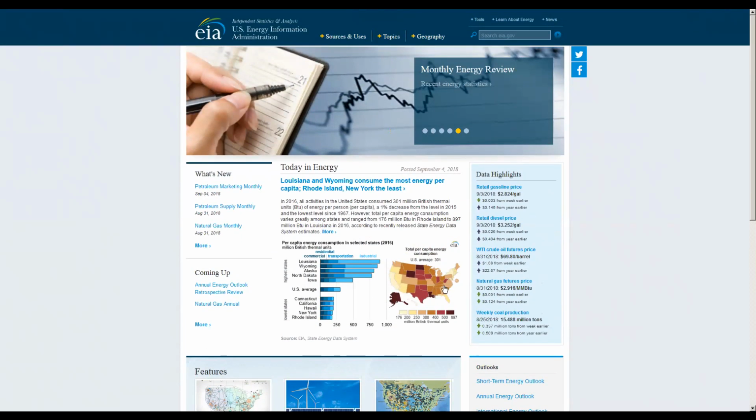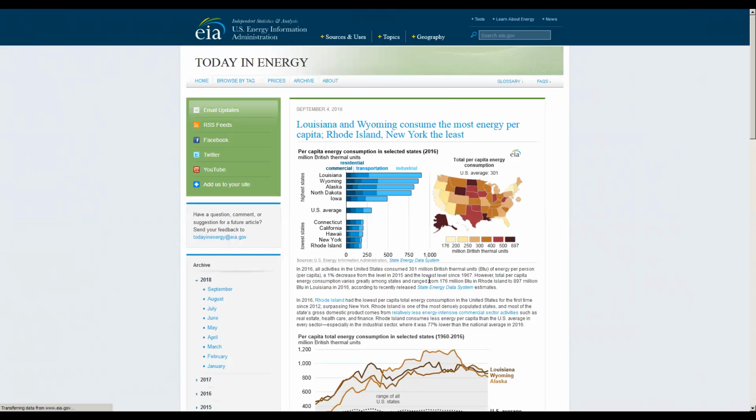For example, if you click on this one, you can see today in energy, total per capita energy consumption on US average was 301 British thermal units. And you can see which states use the most of that energy, by different colors, from 176 all the way to almost 900 British thermal units, and so on.